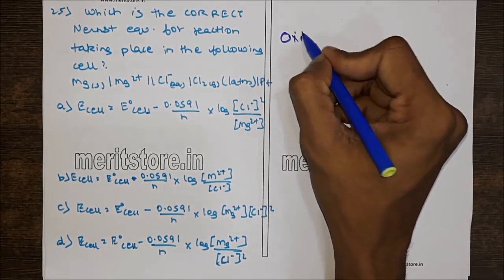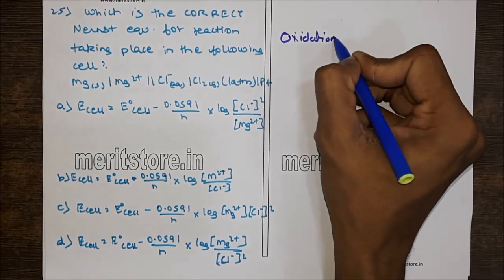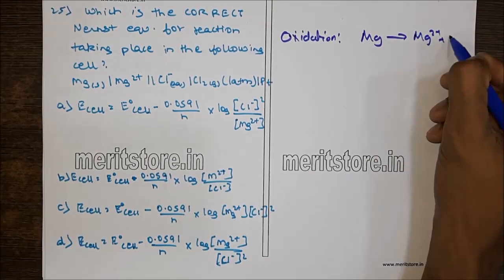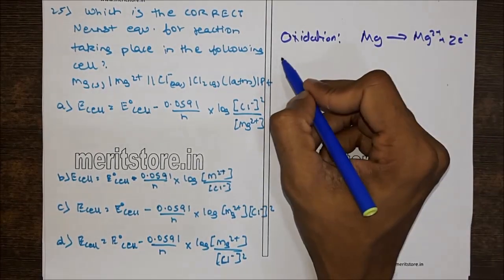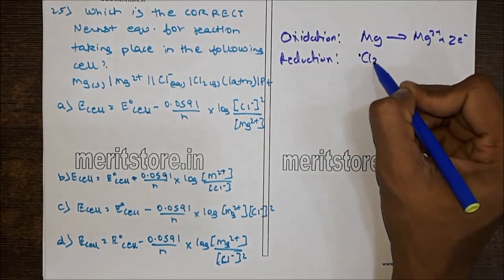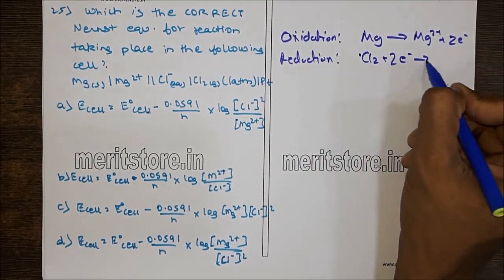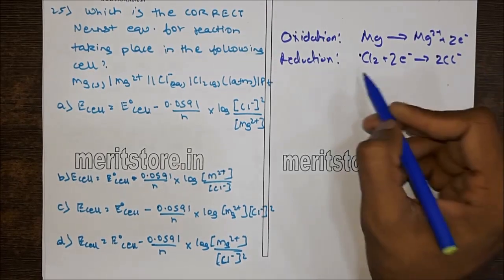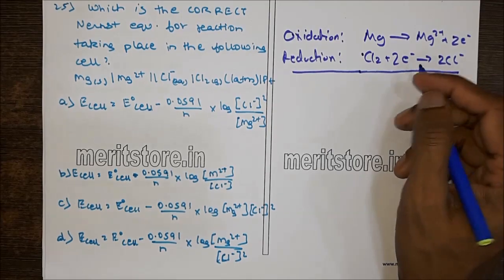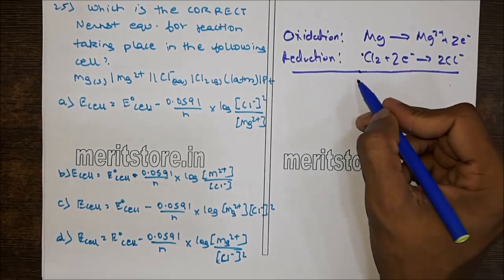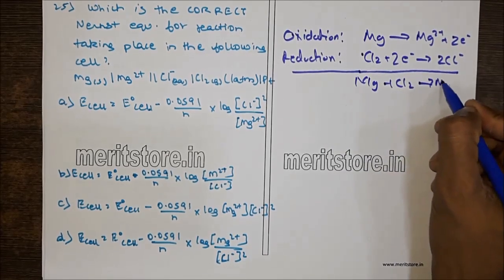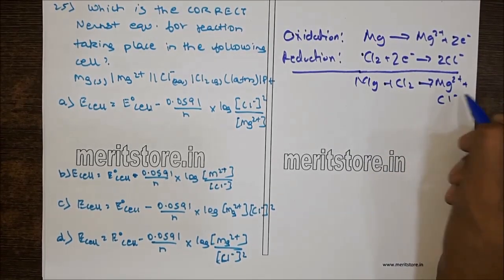In oxidation, we have Mg, which gives us Mg2 plus plus 2e, and in reduction, Cl2 plus 2e gives 2Cl minus. The final equation can be written as Mg plus Cl2 gives us Mg2 plus plus 2Cl minus.